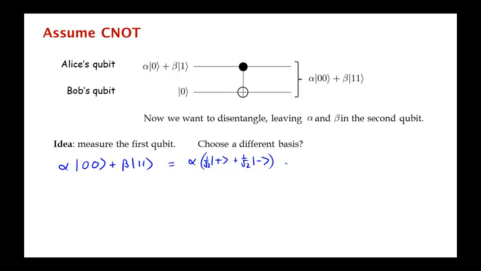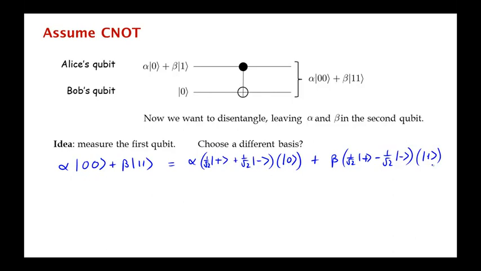And then of course you have his qubit, which is in the state 0, plus beta 1. 1 is 1 over square root 2 plus minus 1 over square root 2 minus, and then his qubit is in the state 1.